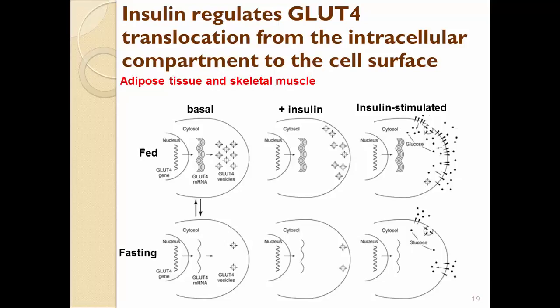Glucose transport activity is quite low under fasting condition because we already have lower glucose in the circulation. We don't want to transport a lot of glucose into the cell, so that will make glucose level even lower, right? This is something that our body does not want to do. So under fasting condition, it makes sense, right? You have lower GLUT4 production and fewer GLUT4 molecules on the cell surface.